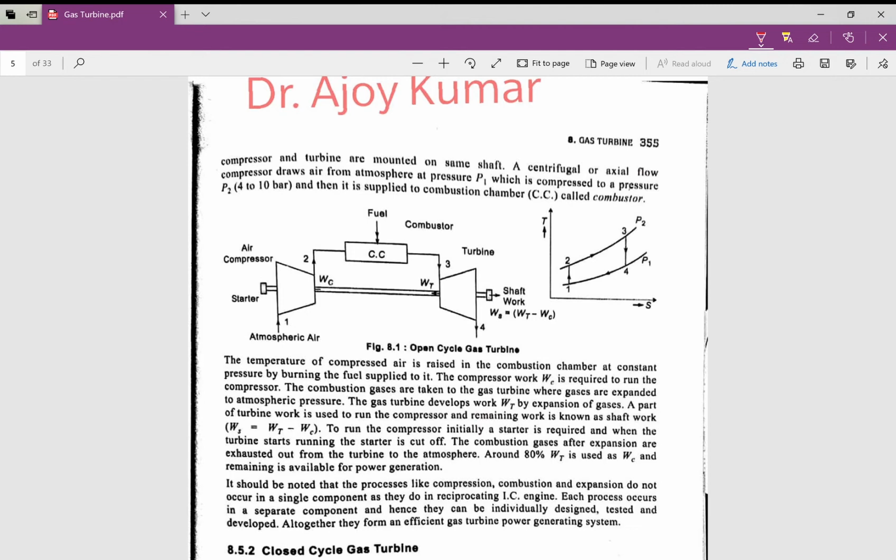Now according to this schematic diagram, let us first compare with IC engine, whether it is a petrol engine or diesel engine.